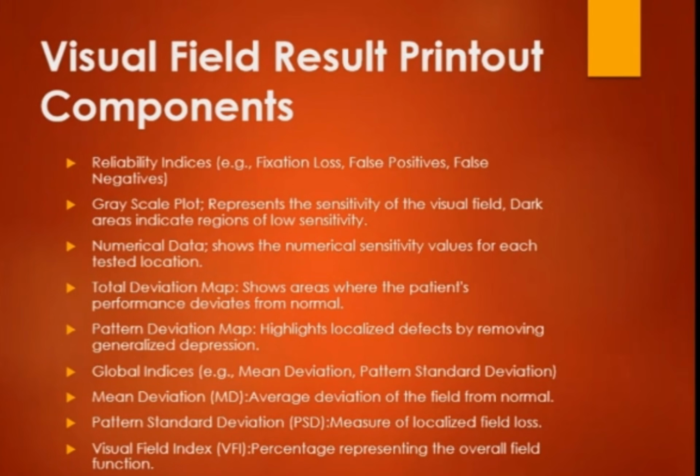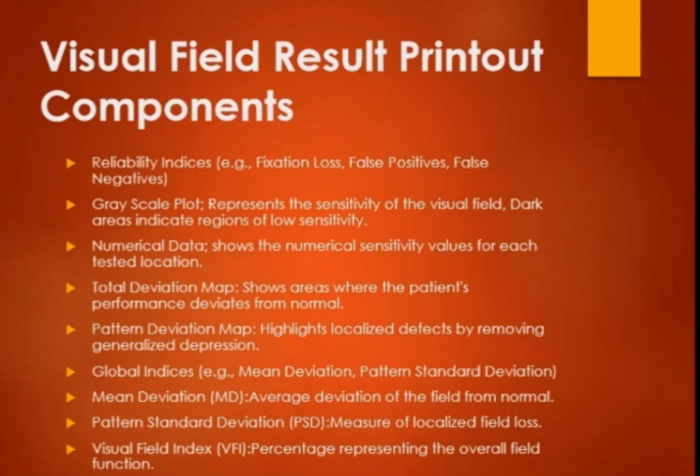We also have the pattern deviation map, which highlights the localized defects by removing generalized depressions. So this pattern deviation shows us the exact defect. Some authors will tell you that it compensates for the total deviation. We also have the global indices, which show us the mean deviation and the pattern deviation as well.